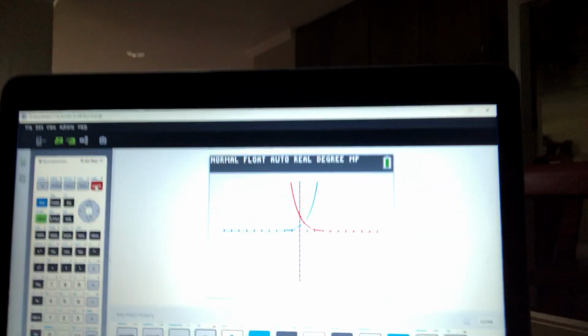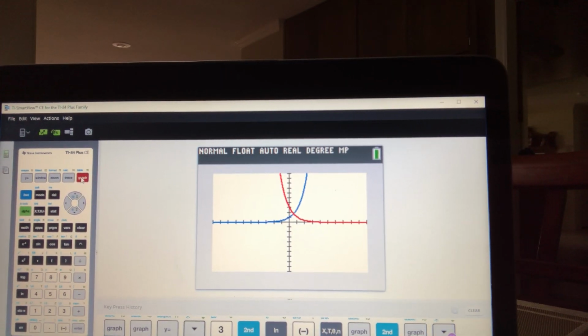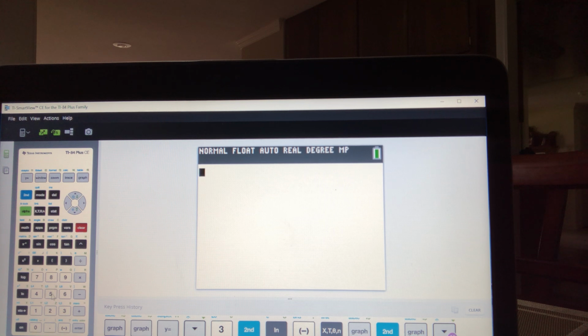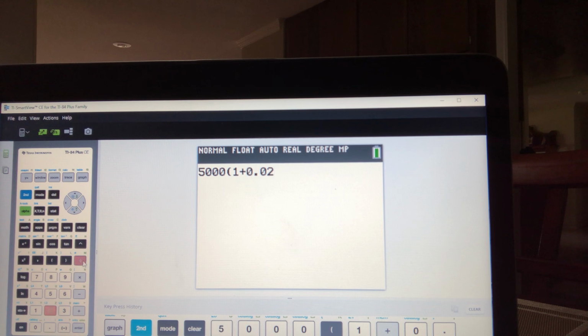Now this is kind of tricky to enter because it's just so complicated of an equation, so be careful when you put it in. Not that hard, but easy to make a mistake, I should say. Okay, so I'm going to erase that. Okay, so here's the first one, annually. So you put in 5,000, 1 plus 0.02 divided by 1 raised to the power of 1 times 10.